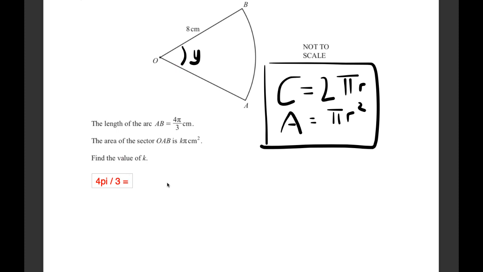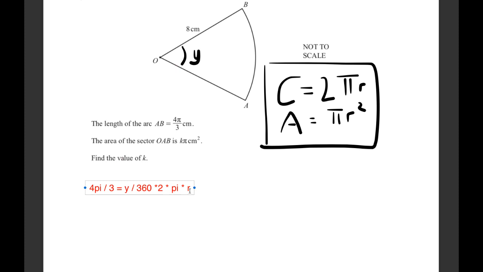That gives us the proportion of the circle that we have. y over 360 times 2 pi r. So 2 times pi times r. Okay, going off the page slightly. So y over 360 times 2 times pi times r.